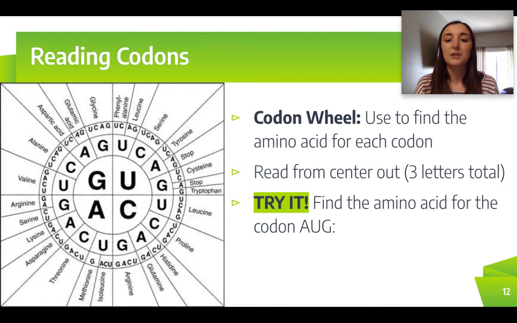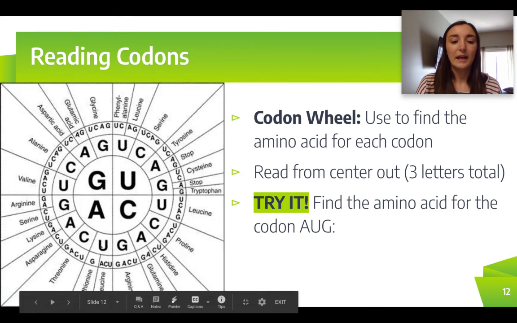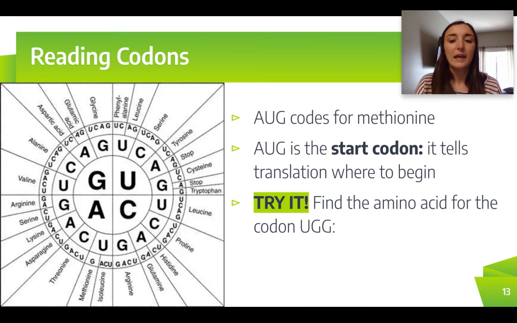So let's try it for the amino acid codon. Let's try to find the amino acid for the codon AUG. We're going to start with A in the center, then move out to this U that's in the A section. And then last, we go to this G right here. So if you do that, AUG codes for methionine. That's the amino acid that it codes for, and that's the start codon.